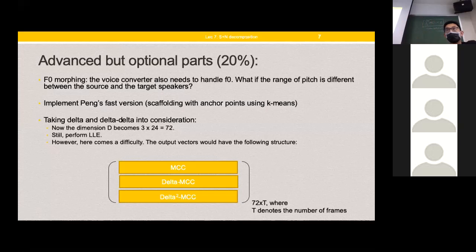In his fast implementation, the purpose is to move a lot of matrix inversion computation from online to offline. Those inverse matrices can be computed offline beforehand. So that's why his algorithm can run much faster than the classical local linear embedding.